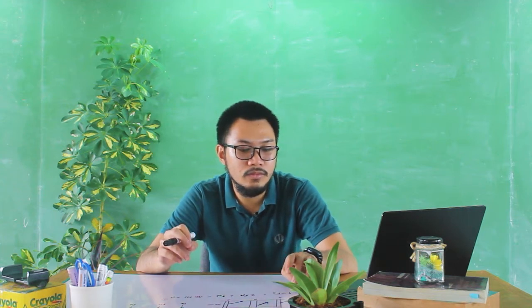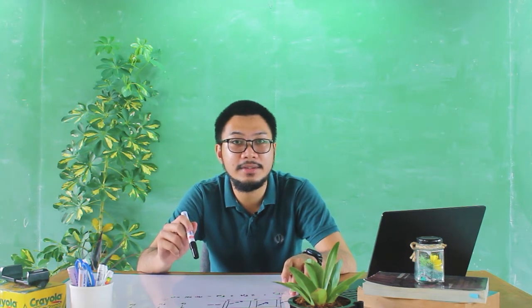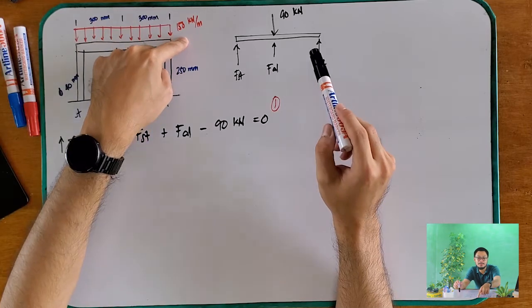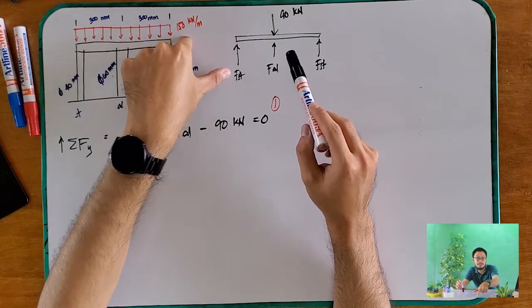Now, what will happen to the loadings after you apply this 150 kilonewton per meter nga load and your change in temperature? Sa relationship sa deformation sa atong steel ug aluminum.